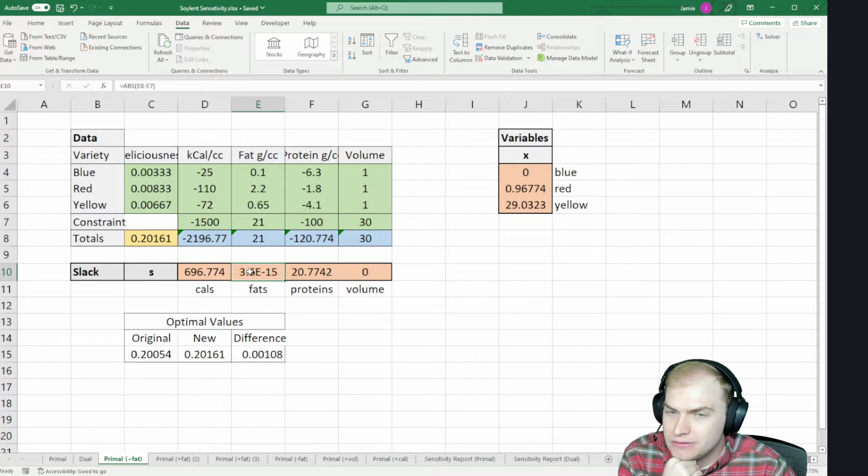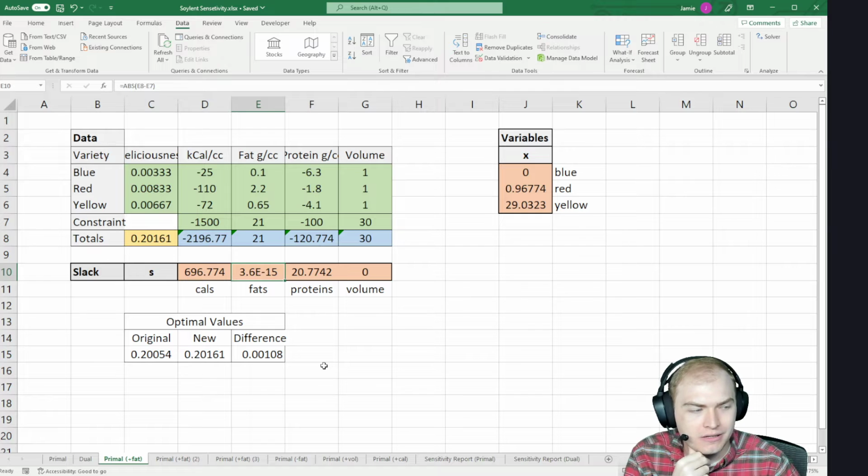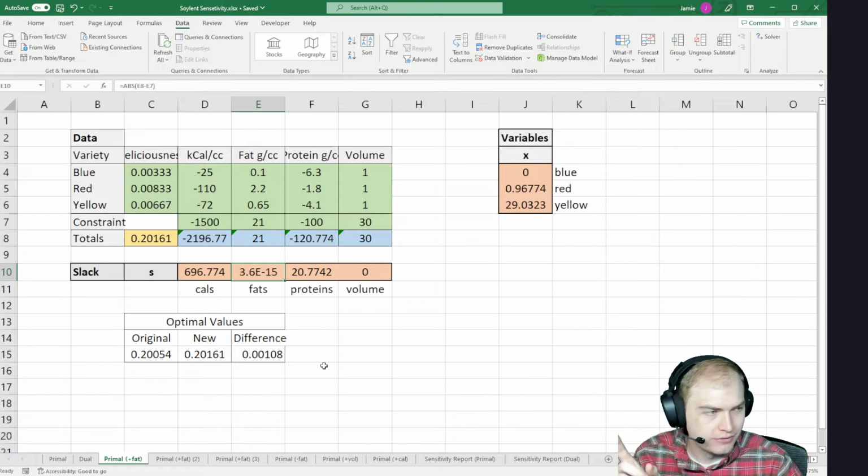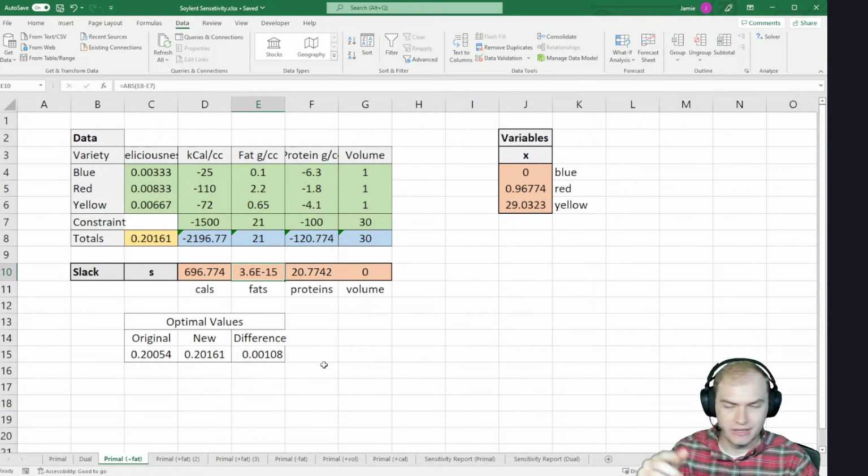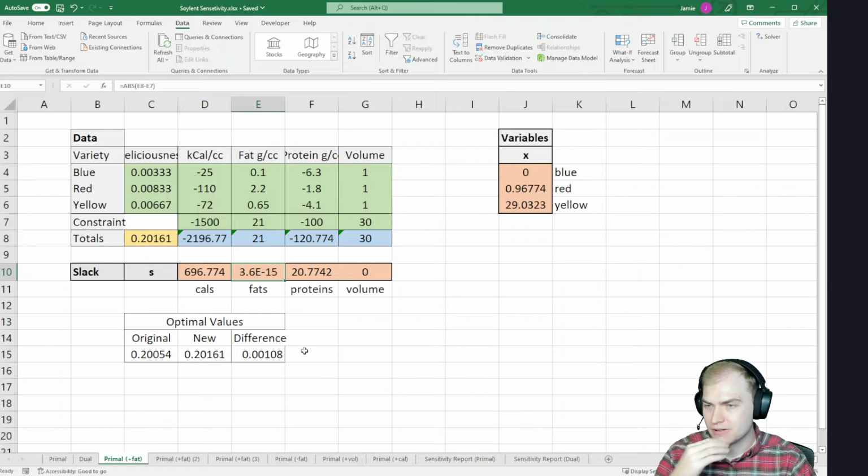This number here, if you ever see e to the negative like 13, 14, 15, 16, it is probably a round off error, and so it is effectively 0. Treat that as 0. It's just a numerical error. It's below the machine precision of Excel. If you don't know what that means, don't worry about it. Just treat that as 0.